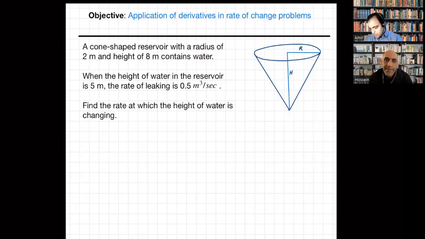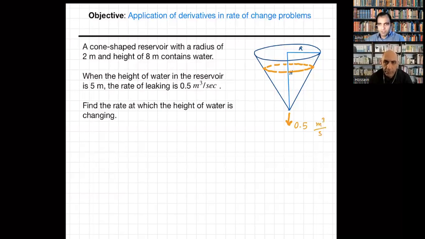Absolutely. This is an interesting problem. So the height of the water is 5 meters, so it's around here, I can imagine. That's the level of the water, and there is a leakage here from the bottom, 0.5 cubic meter per second.